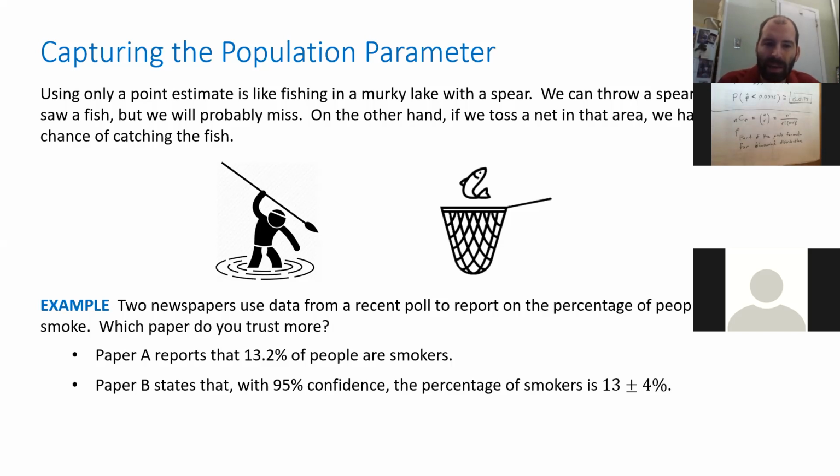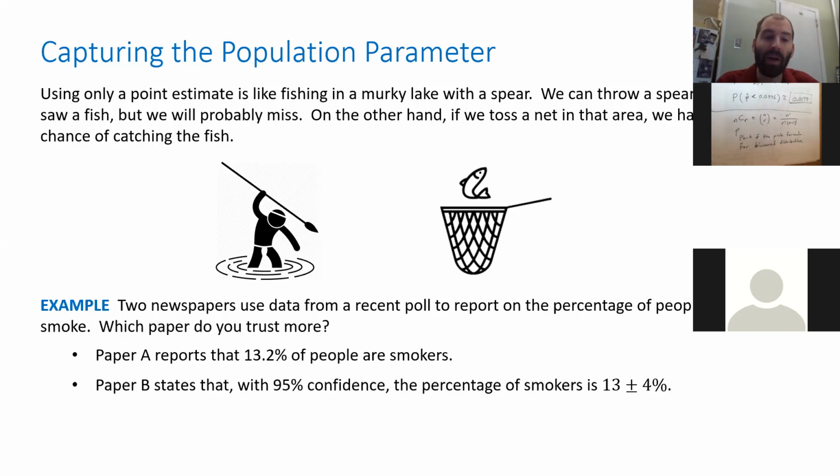So even though they've got it down to the tenth decimal place, 0.2, I'm almost certain that they're not right. Because it's very unlikely that with that one sample they hit the true population proportion spot on. It's like trying to fish with a spear. They almost certainly missed it. So I'm nearly 100% certain that they're wrong.